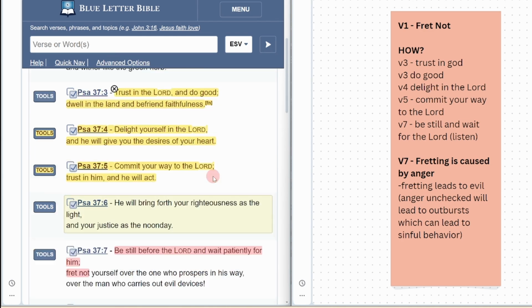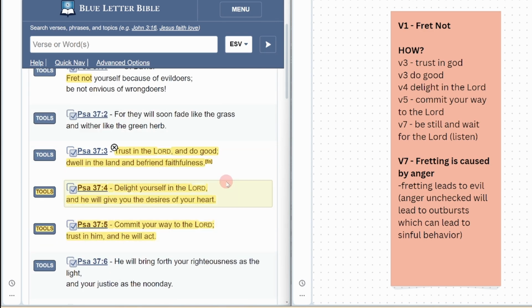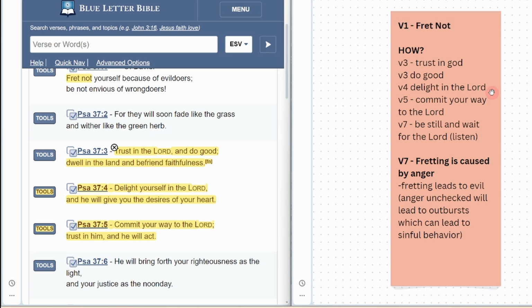So what can we learn about fretting here? First it says fret not, and then it gives us a whole bunch of directives and commandments. And so I put over here, fret not. Well, how do we go about not fretting? Well, we trust in God, right? That's in verse 3. We do good.